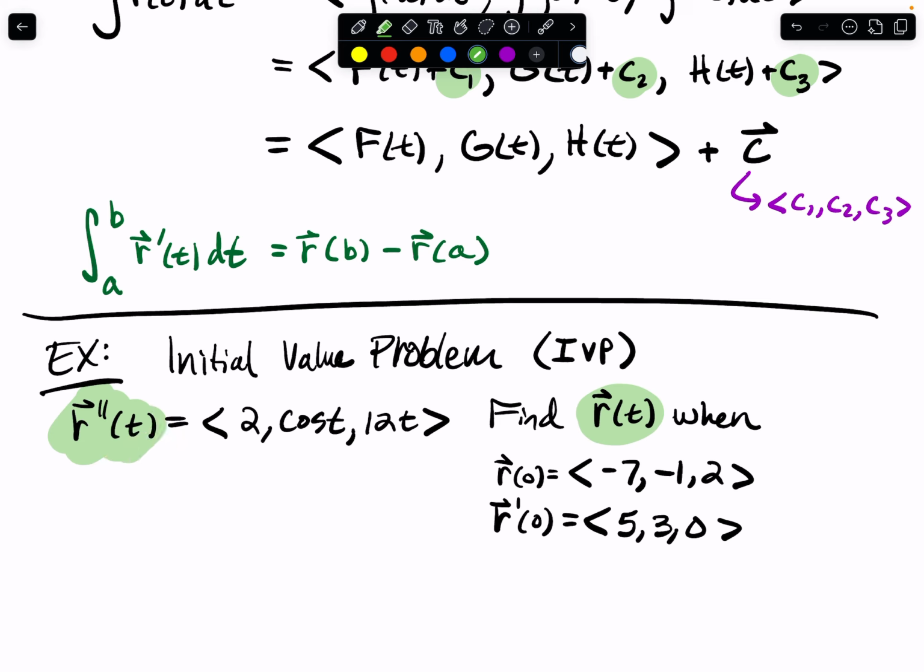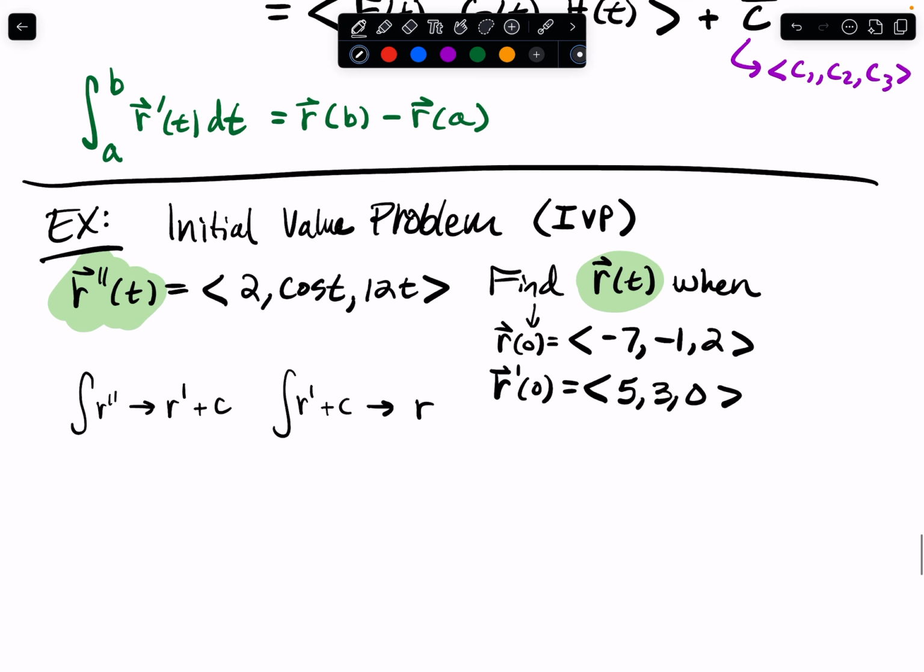So to get back to r of t, we're going to need to integrate r double prime to get to r prime. Use the initial value conditions to get the correct c for r prime. Once we do that, then we're going to have to integrate r prime plus our c to get back to r. And then we use the initial conditions to get the r of t that we're looking for.